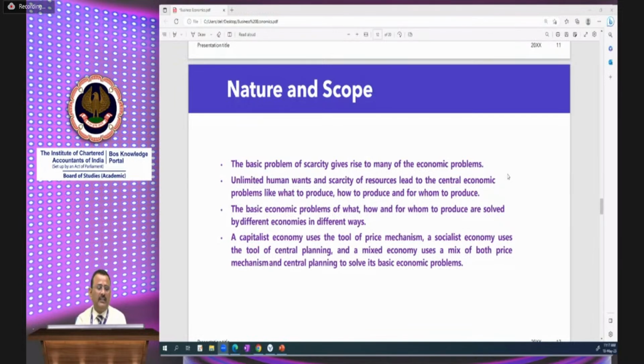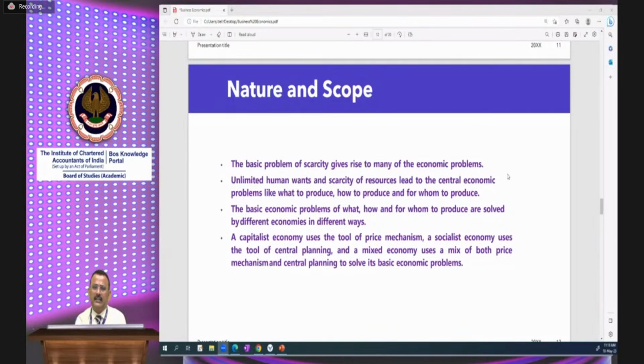Now the detail of all these three, the capitalist, socialist, and the mixed economy, is very much elaborated in the study material. There are different characteristics also in the examination. You will be asked to mark which is the correct one. There will be three correct ones and one odd man out, which is the wrong answer.